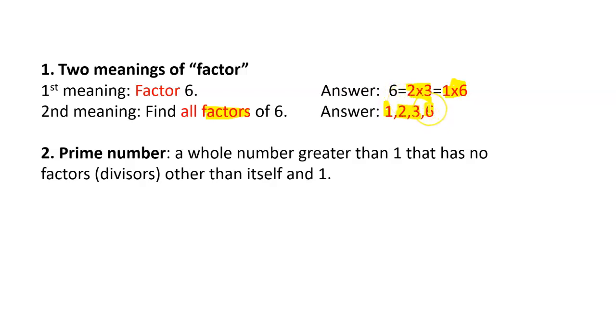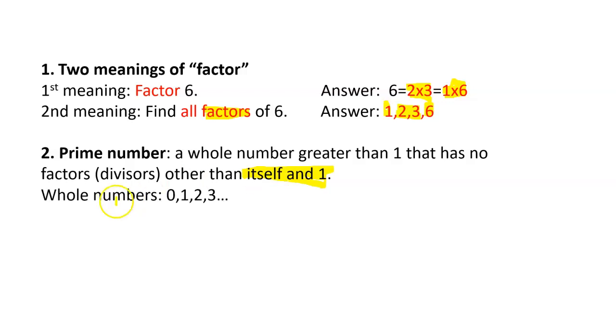So any number itself is also a factor, and that's why they have to exclude these two cases: itself and 1, because any number is a factor of itself, and 1 is also a factor of the number. But other than those, if it does not have any other factors, we call this number a prime number.